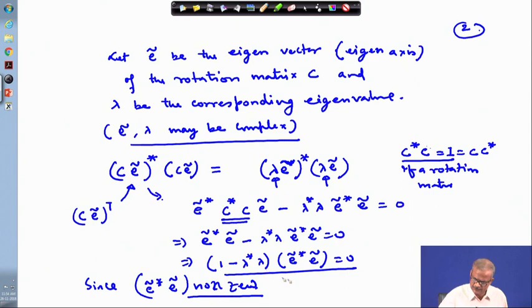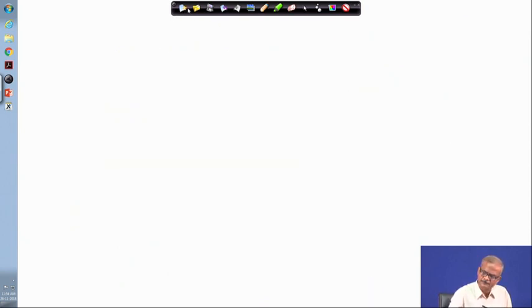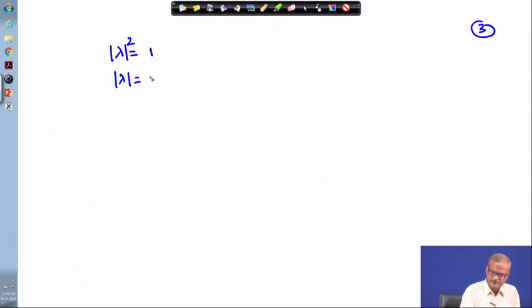Therefore, this will be non-zero, and this implies that 1 minus lambda star lambda will be equal to 0, and this implies lambda magnitude square will be equal to 1, and therefore lambda magnitude equal to plus minus 1.